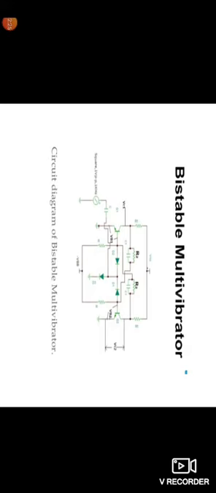The voltage across base to emitter of Q1 is VB1, and base to emitter of Q2 is VB2. The output across VC2 is the output voltage across the transistor Q2. VC1 is the output voltage across the transistor Q1, and VCC is the applied voltage.